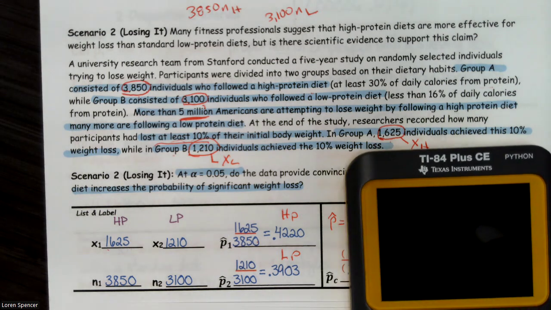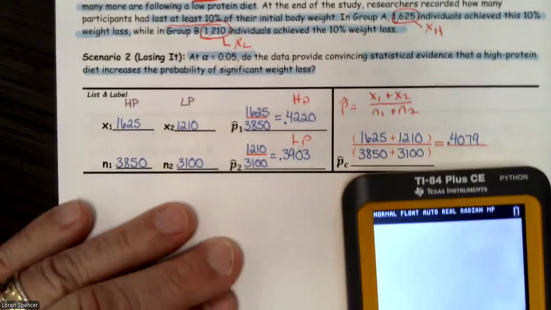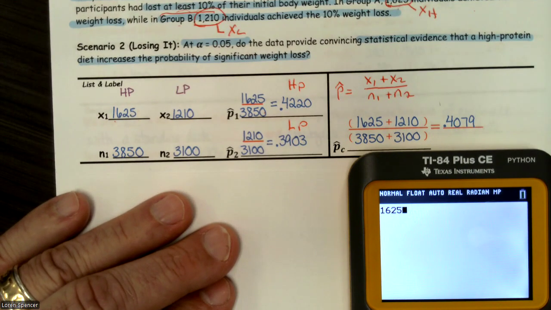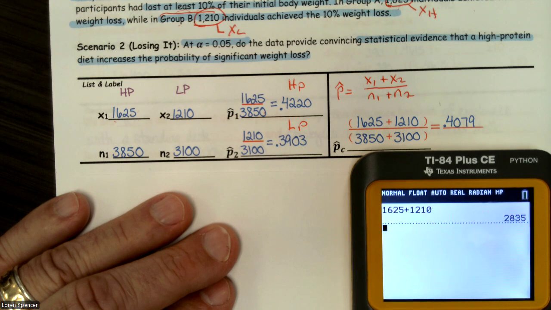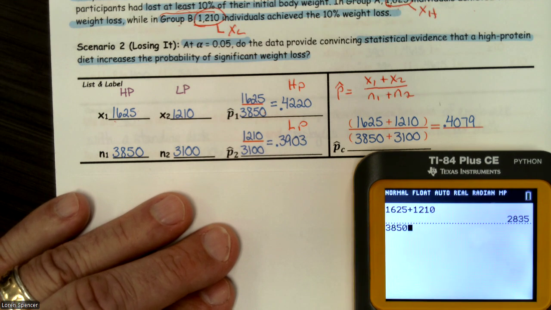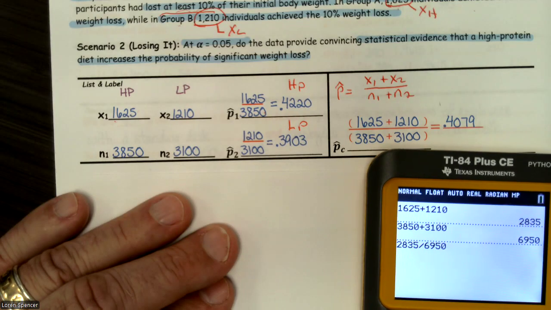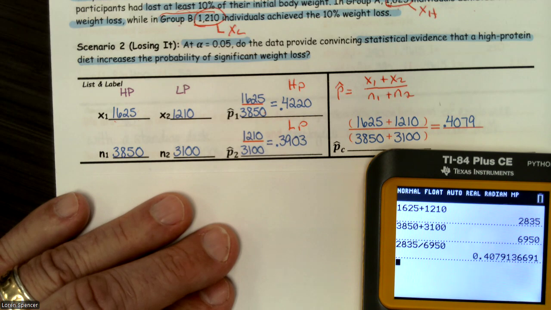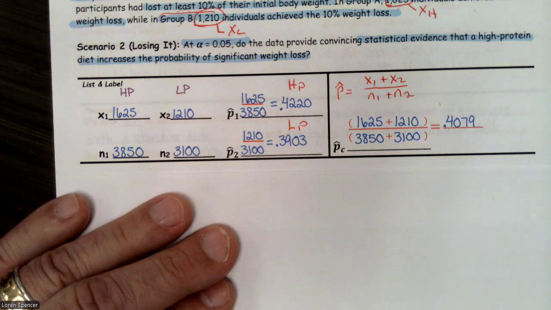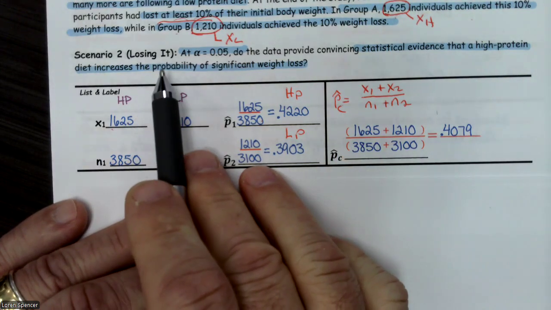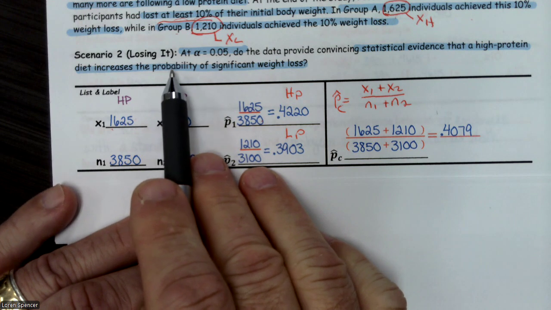Let's do that real quickly. 1625 plus 1210, and for the denominator, 3,850 plus 3,100. So 2,835 divided by 6,950, and we end up getting 0.4079. So that's our p hat C, and we have to have p hat C when we're running a hypothesis test.